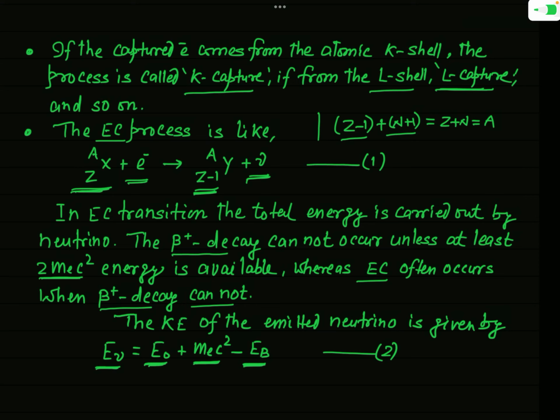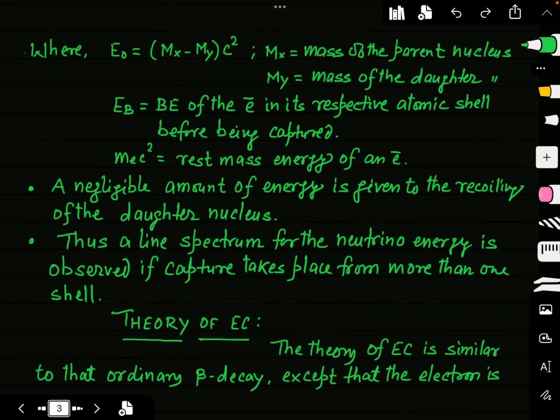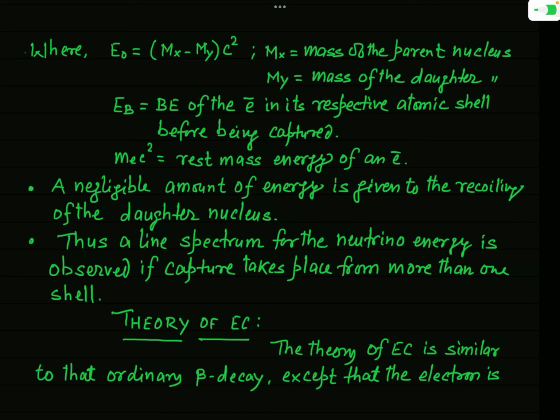So actually this E naught and m_e c square, these two terms will always remain the same, but the value of E_B will depend on the cell from which the electron is captured. So E nu is different for the neutrino when there is either K capture, L capture, and so on. I have already mentioned these things here. You can see this E naught is what?